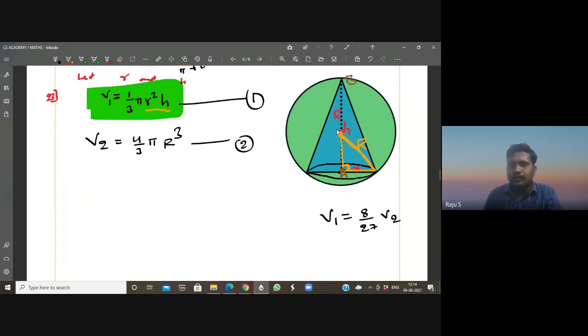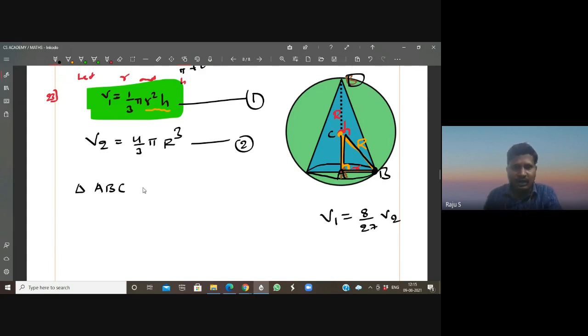So shall I do that? I want to find this height. Let us take the center as C. This is A. So what about the AC value? It is a right angle triangle. With the help of this, the height of the cone is given by triangle ABC.